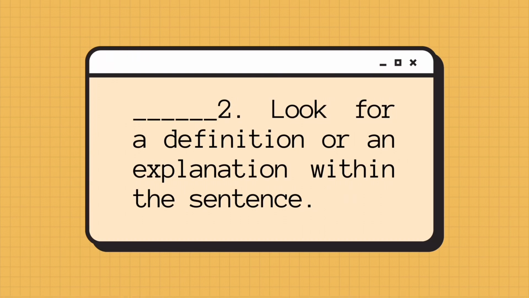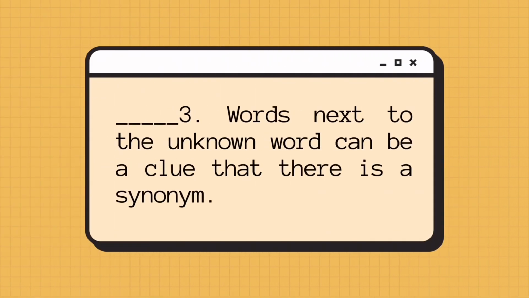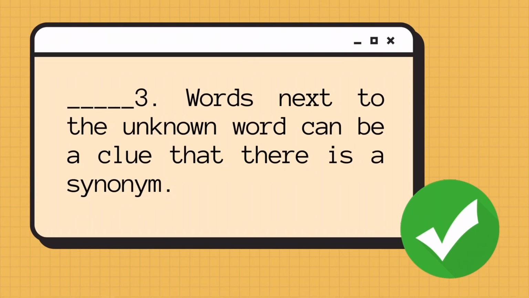Look for a definition or an explanation within the sentence. The answer is a check mark. Number 3. Words next to the unknown word can be a clue that there is a synonym. The answer is a check mark.